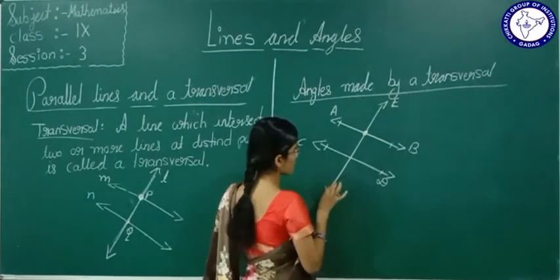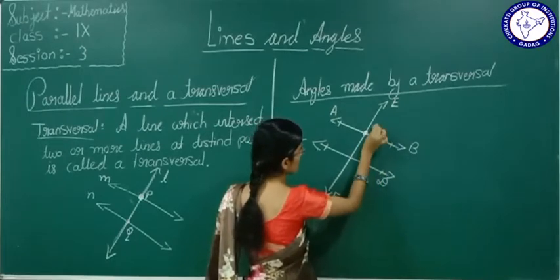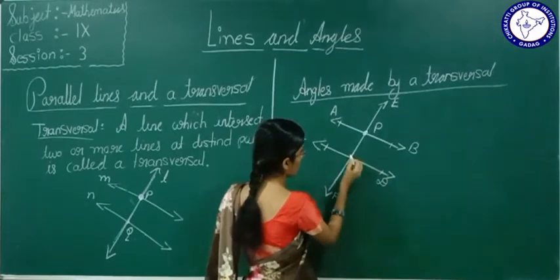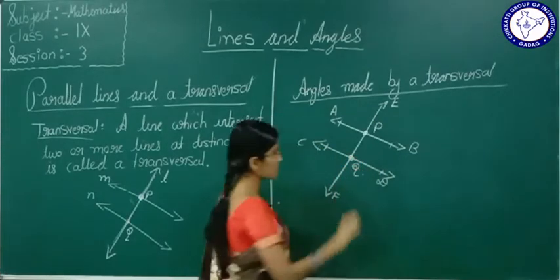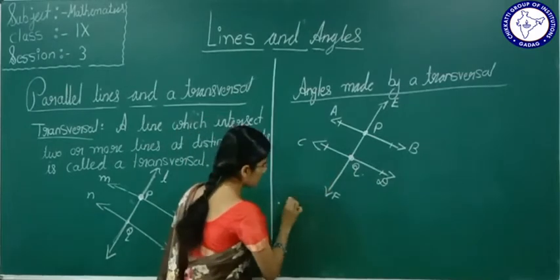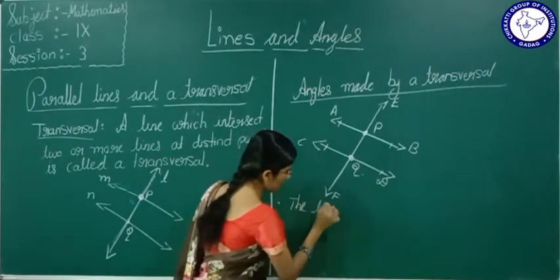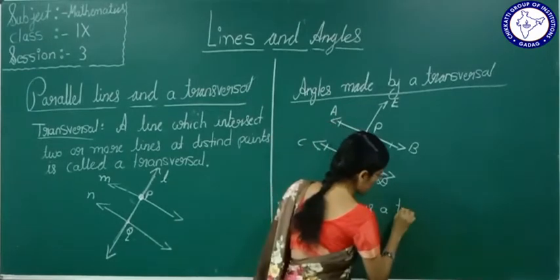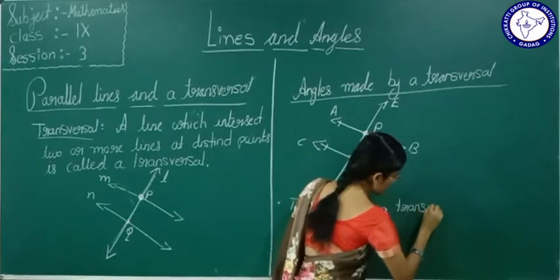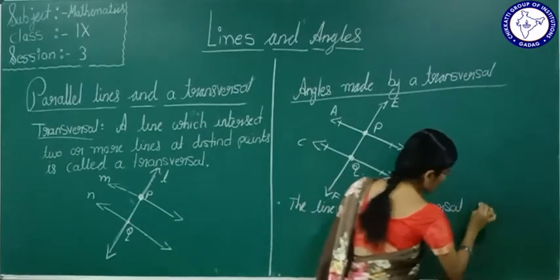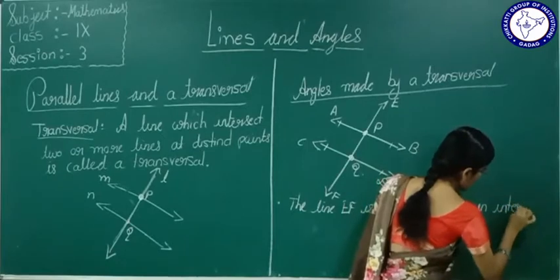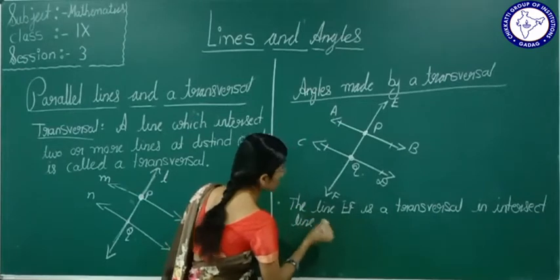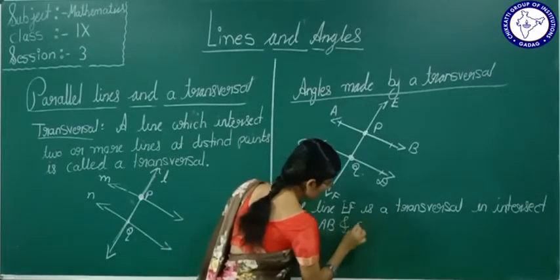This EF intersects line AB at point P. The same line EF intersects CD at point Q. So the line EF is a transversal, and it intersects lines AB and CD.